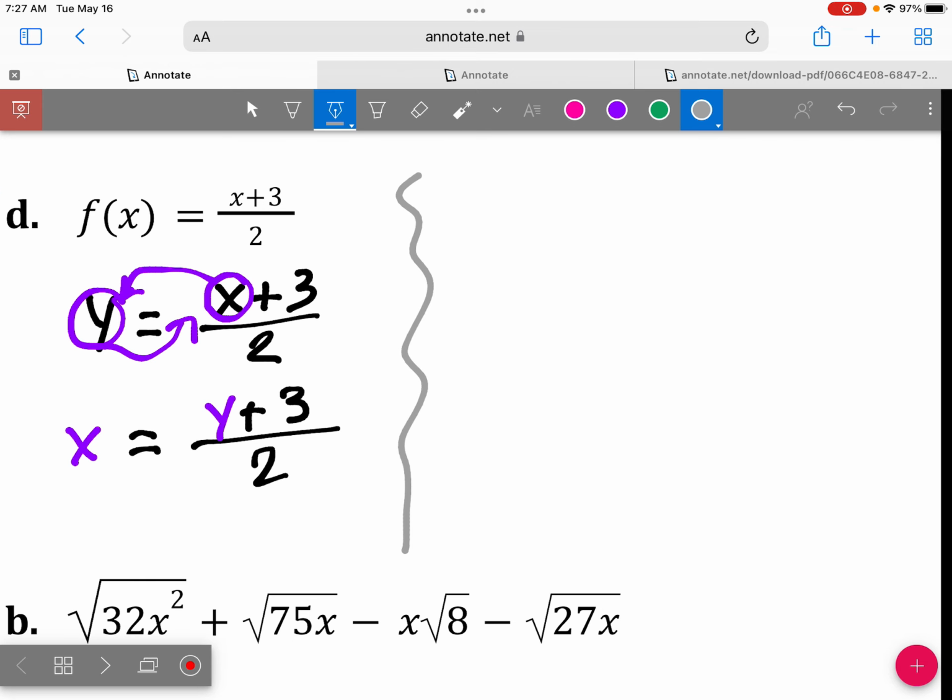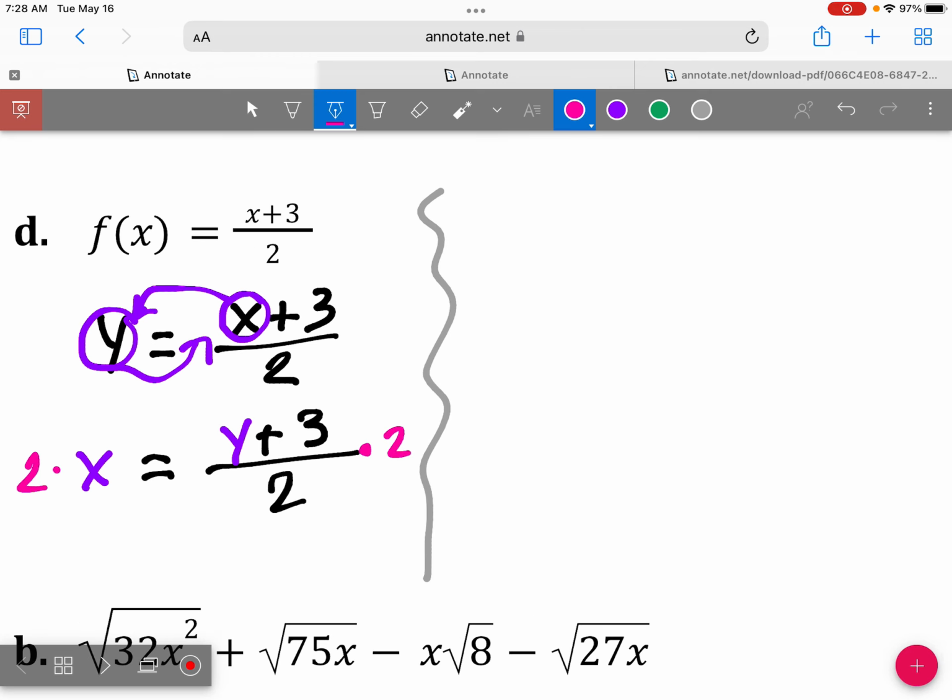What do I need to do to get this y by himself? Multiply by 2. Uh-huh. When in doubt and you see a fraction and you're not sure what to do, multiply by your denominator to get rid of it on both sides of your equal sign.